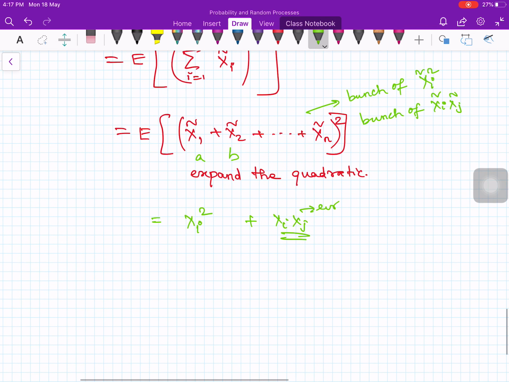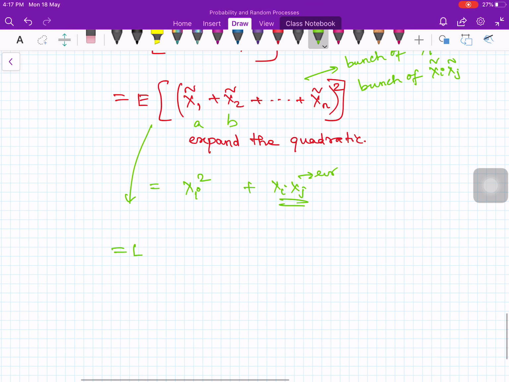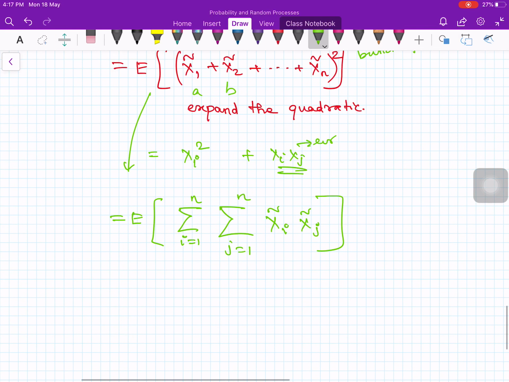Therefore, I can write this as the expected value of sigma i equals 1 to n, sigma j equals 1 to n, of xi tilde times xj tilde. Now take the expectation inside.